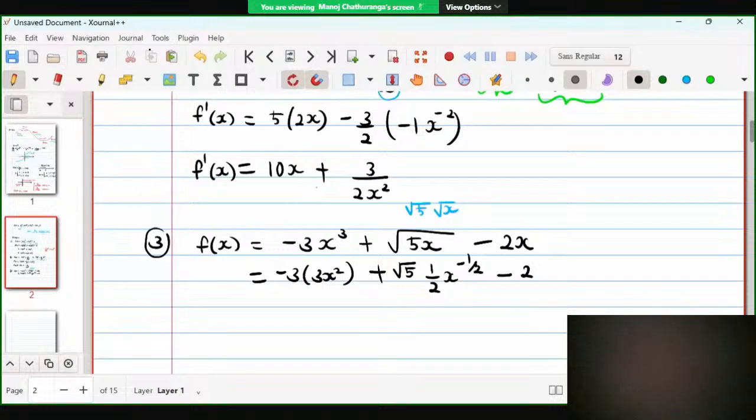The derivative of x is just 1. Now the simplified version should be 9x squared plus square root 5 divided by 2 square root x minus 2. This is the derivative, not the function.